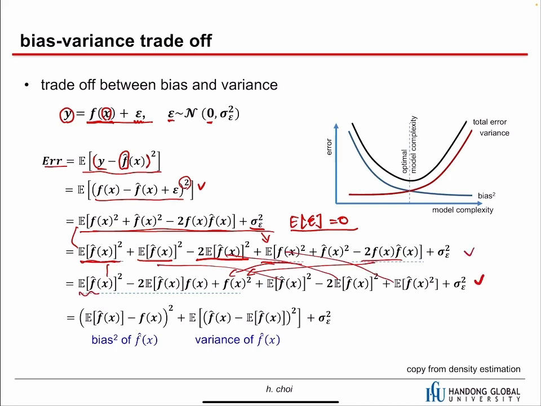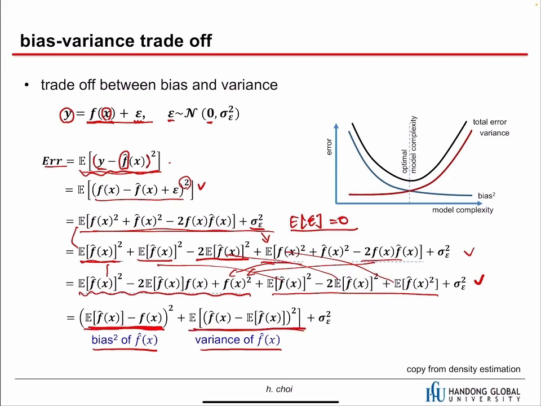And then if we look at this one, we can get this quadratic equation. So this is our error, and we can decompose this error into the bias of f hat and the variance of f hat. Look at this one. This one is the definition of a bias, and this one is the bias squared.